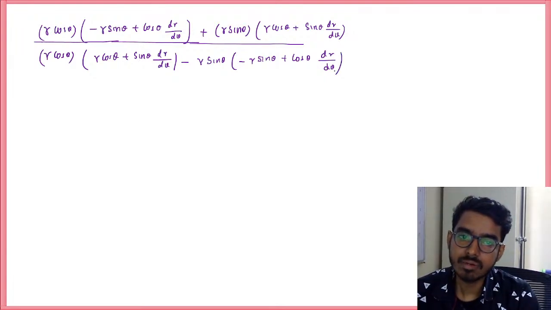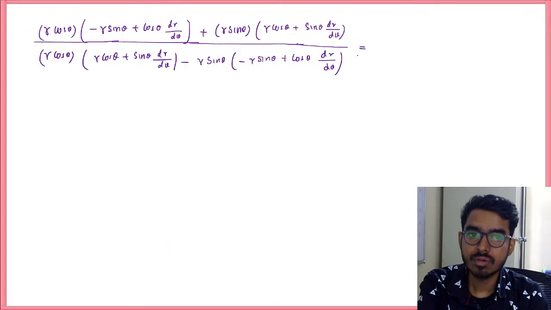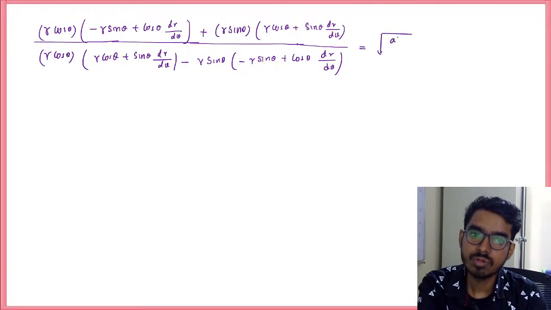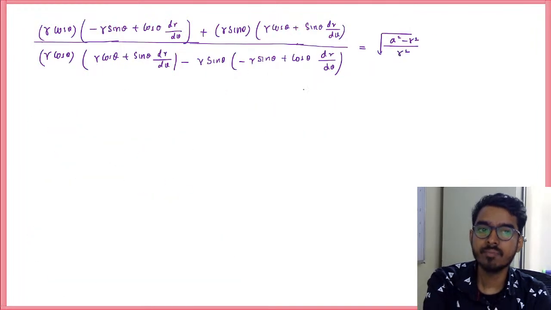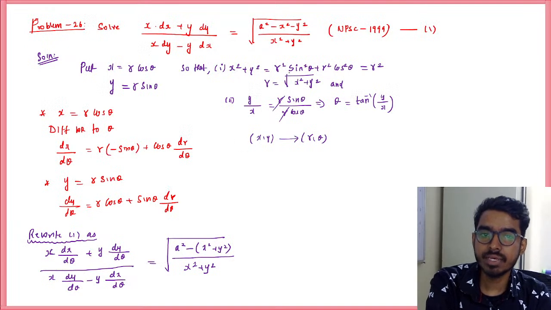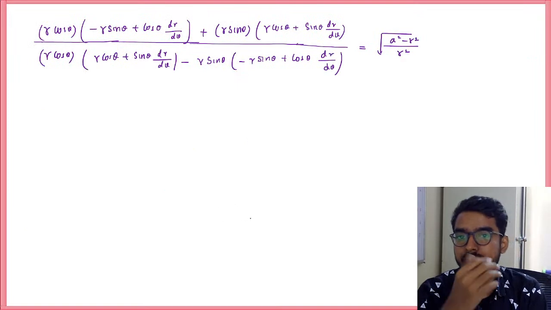Then dr by d theta is equal to root of a square minus r square by r square, right? Because x square plus y square is r square, and again x square plus y square is r square, right?